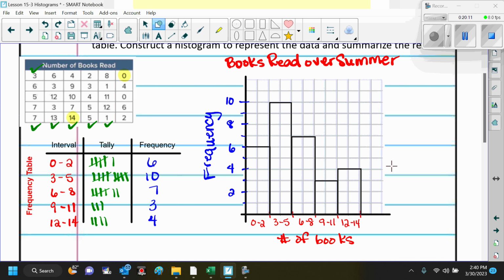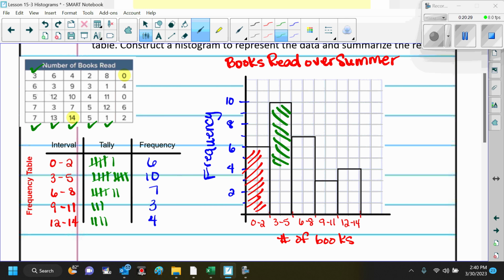Now, I want you to color in the bars, okay? So just to make it easy for yourself, you can just put lines. If you have colors, you can use colors. If you don't have colors, you just have your pencils, that's how you can see, putting the lines, you can tell the difference between the bars, okay?